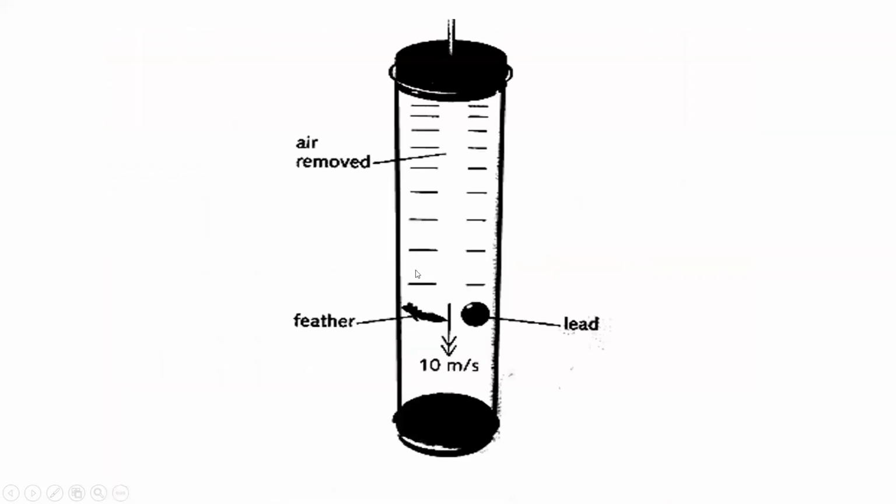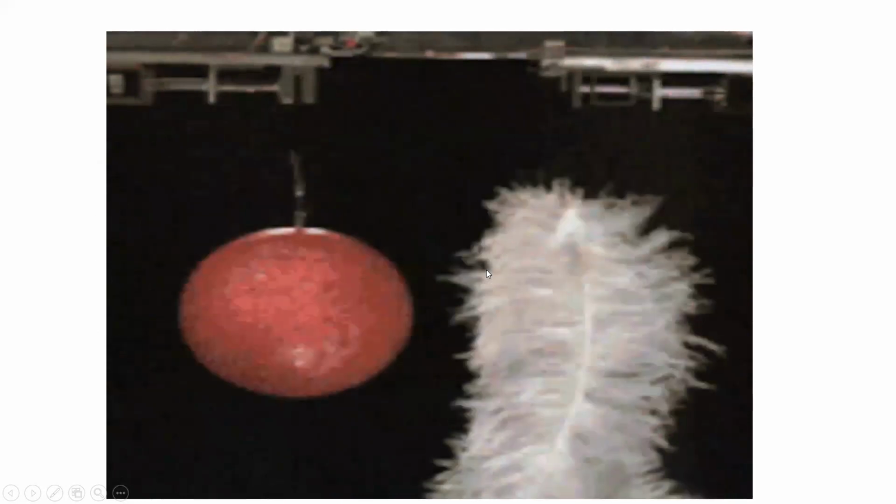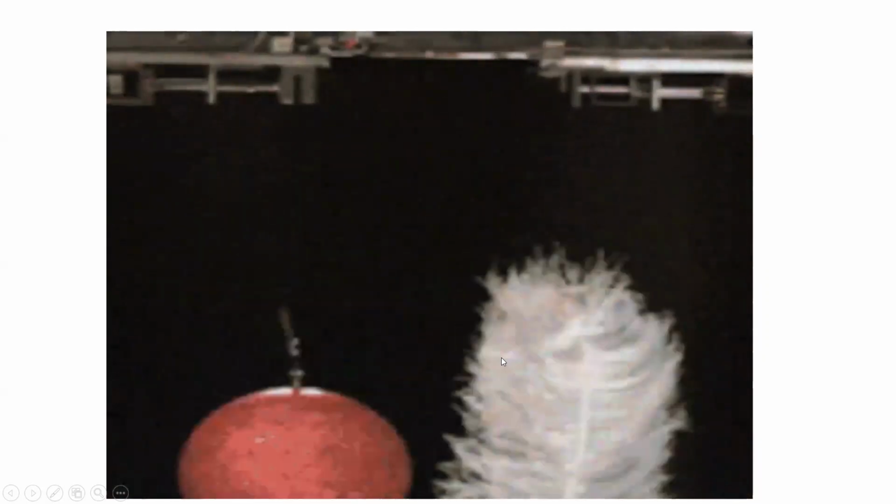Example, in this video you can see we have a ball and a feather, both are dropped, and air resistance is not there, so you can clearly see that both are falling with the same acceleration, same change in speed. So both will hit the ground at the same time.